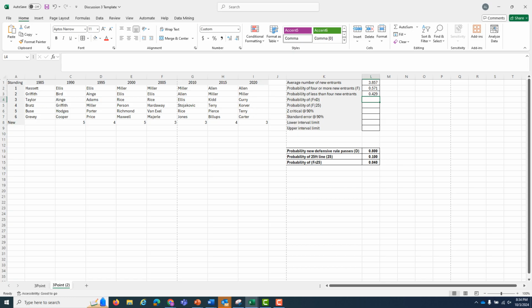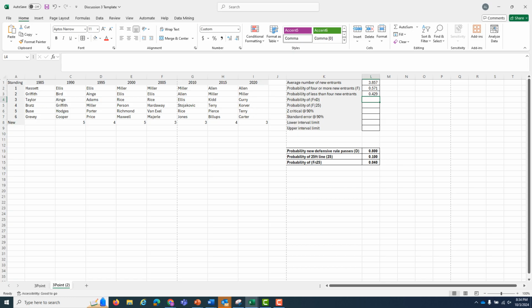The next thing that our assignment asked us for was the probability that 4 or more new entrants enter the list and these new defensive rules pass. Well, this is a joint probability because this doesn't happen all of the time. So there's a certain portion of this probability where only 80% of the time this condition can ever occur. And then inside of that 80%, only 57% of that 80% of the time, we're going to have 4 or more new entrants.